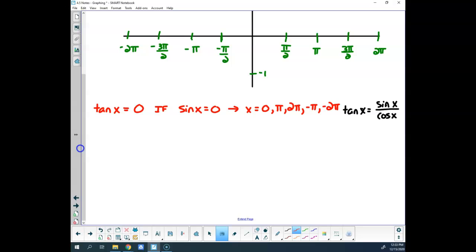On my graph, tangent is going to be 0 there, there, there, there, and there. With me so far?